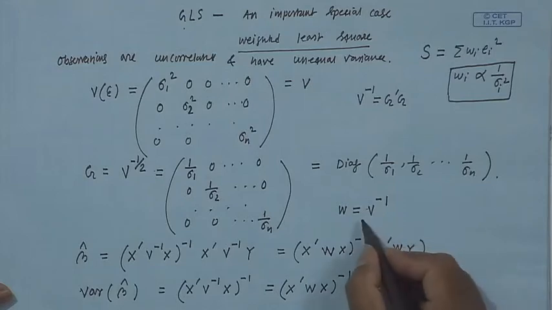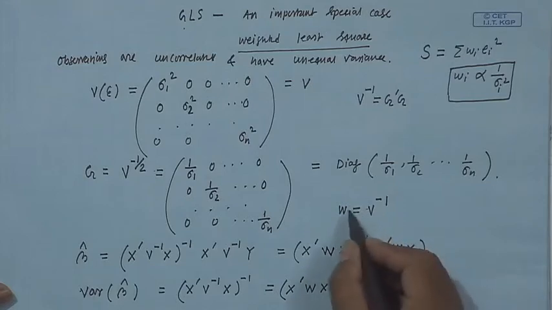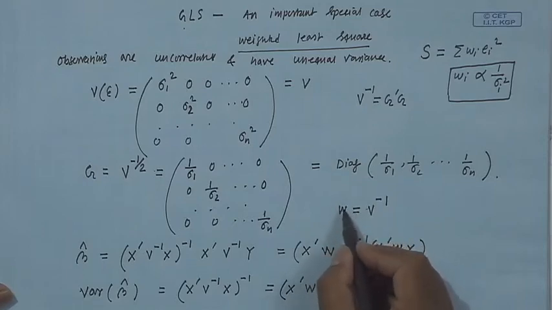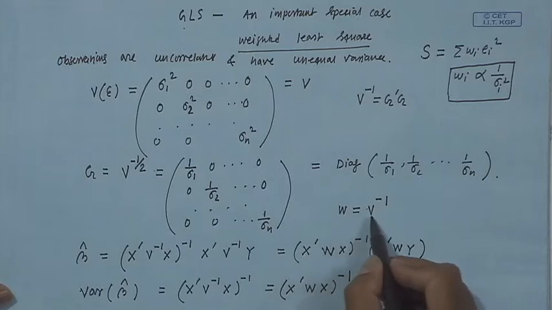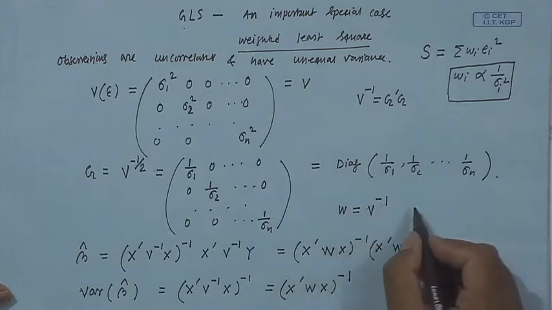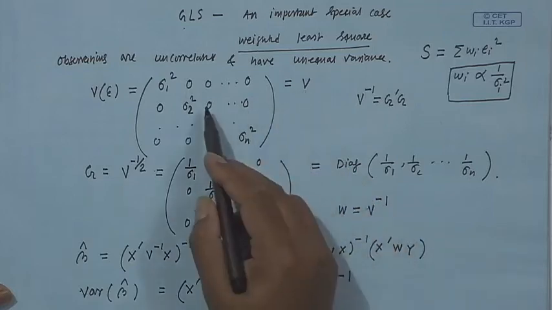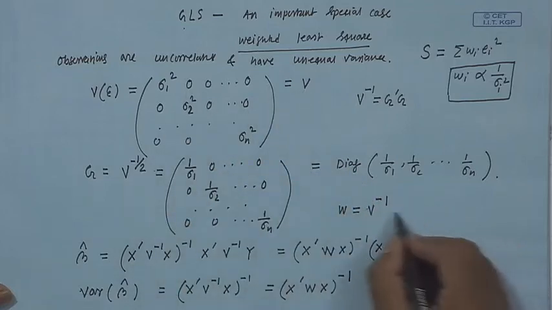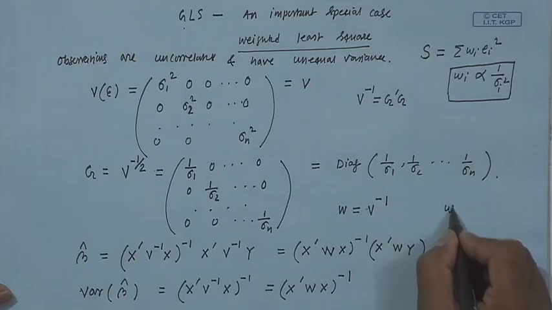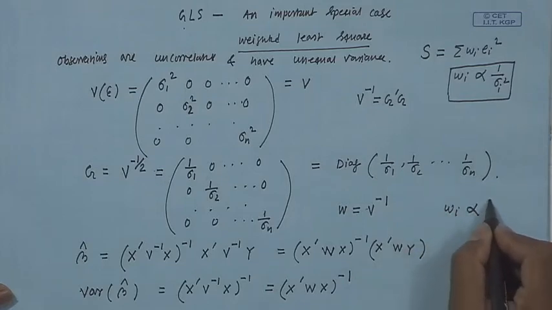Okay. So, this explains the weight we are talking about in the weighted least square. The weight is nothing but this V inverse, where V is this matrix, and then it is clear that W i is proportional to 1 by sigma i square.